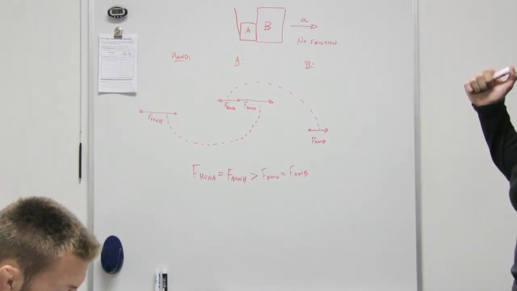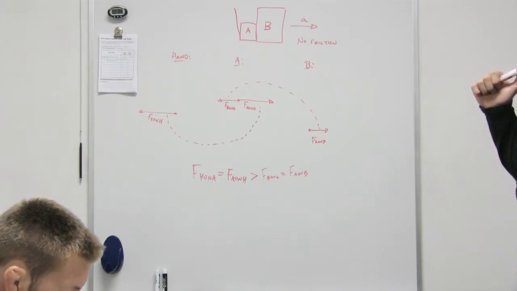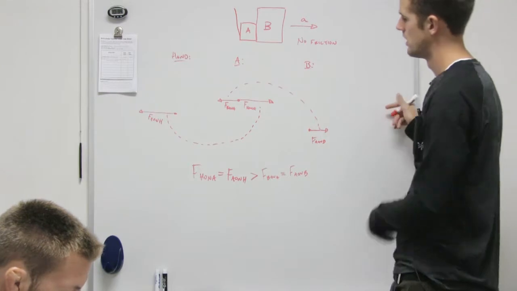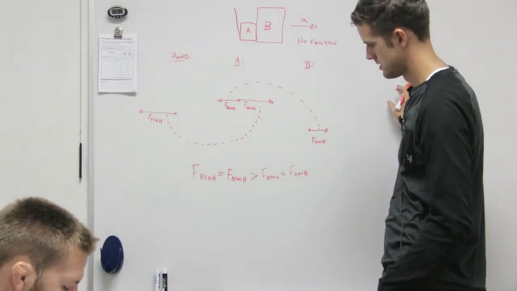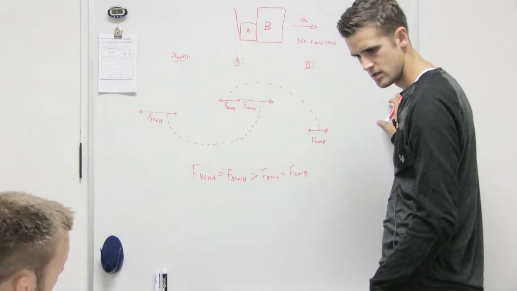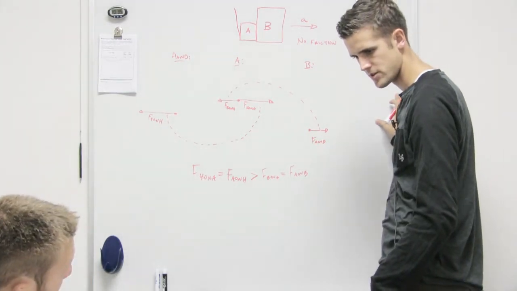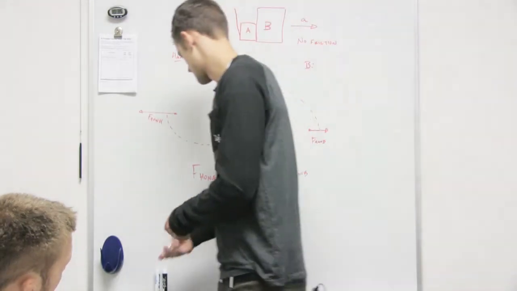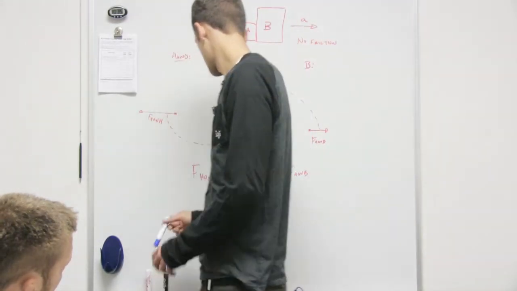It says if the surface has friction. Okay. So we just add friction, right? A and B have the same coefficient of kinetic friction, yeah. So you'll add friction in there. Let's see, I'm just gonna add it in a different color.